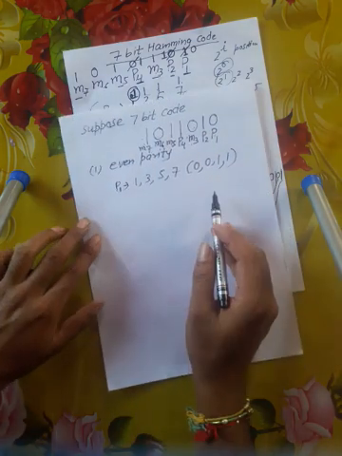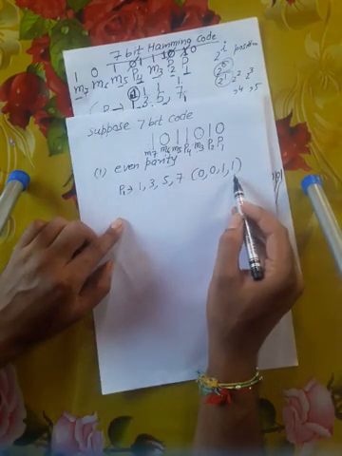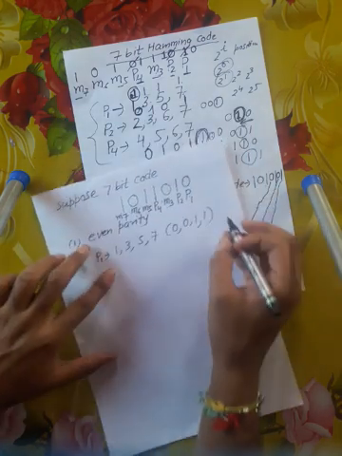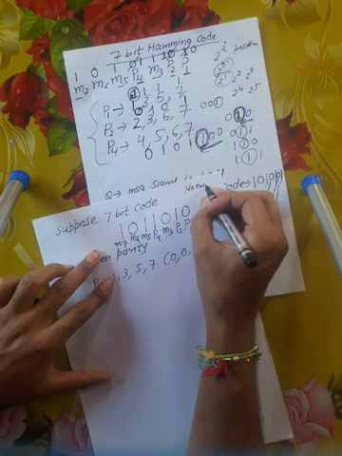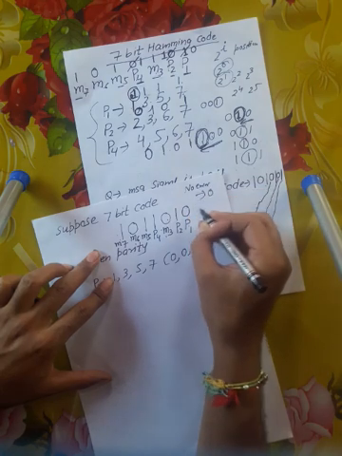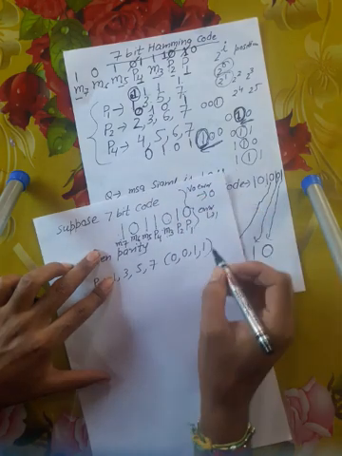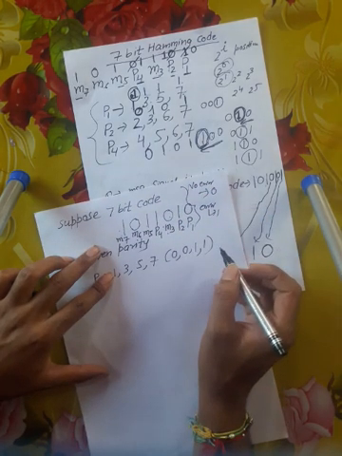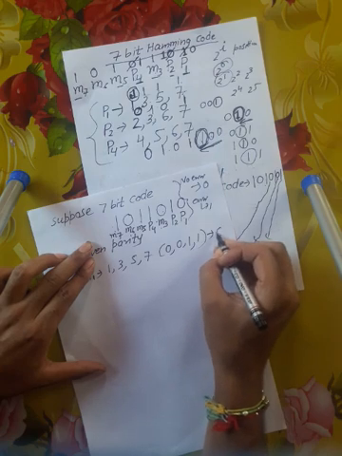Okay, there is already even number of ones, so there is no error. If there is no error, write down 0. In case of error, write down 1. So there is no error, so just write down 0.